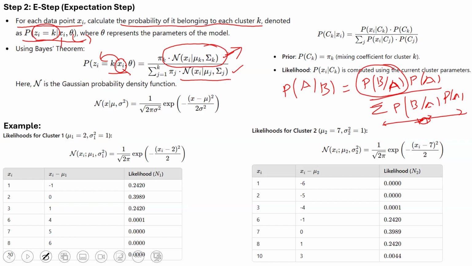So the point xi belonging to cluster k, divided by the probability of the point belonging to every other cluster, with j running from 1 to K.